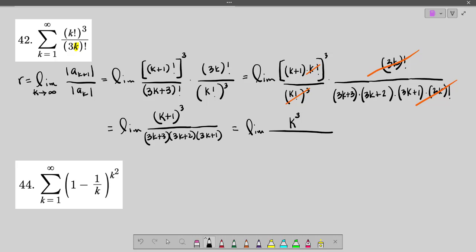Down below, if you were to imagine foiling that all out, what would the leading term be? 27k cubed. Yep. That would be the dominant term down below. So this limit will have a value of 1/27th when all is said and done. We compare that to 1. Less than 1, therefore, converge.